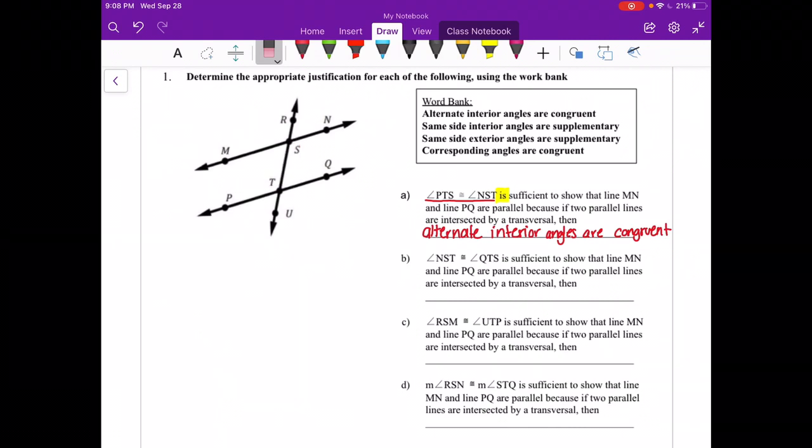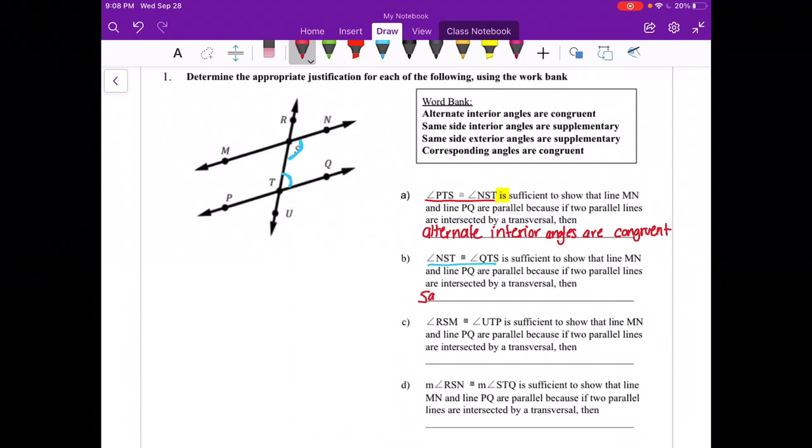Now let's move on to part B. For part B, we're going to look for angles NST and QTS. NST, once again, is this angle right here in the corner, and QTS is going to be this angle right here. So these two, as we can tell, are going to be our same side interior angles.